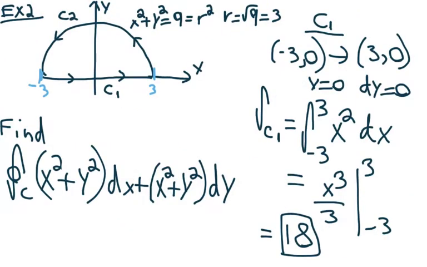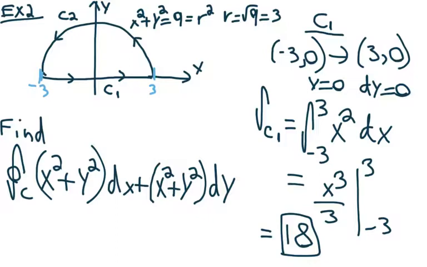Another example is this one right here. We're given x squared plus y squared is equal to 9. This is the equation for a circle of radius 3, 3 being the square root of 9. If we look at C1, going from minus 3, 0 to 3, 0, we see that the y does not change, which means y is 0, and thus dy is 0.